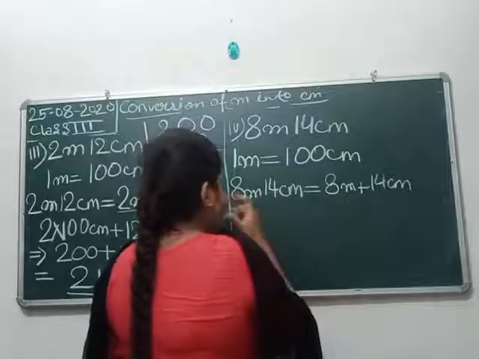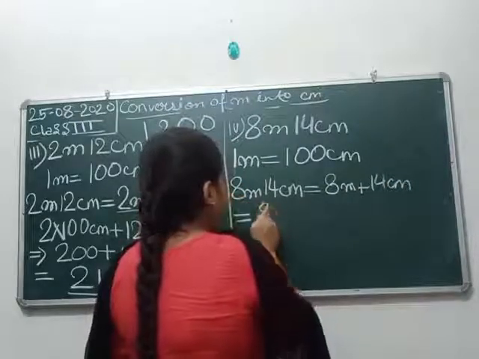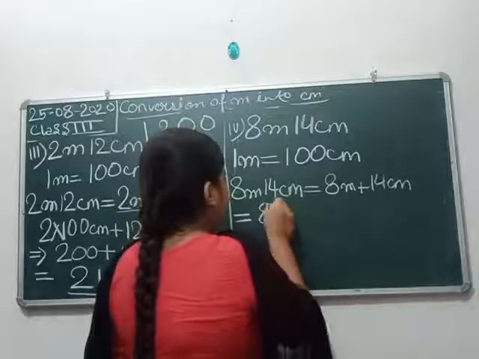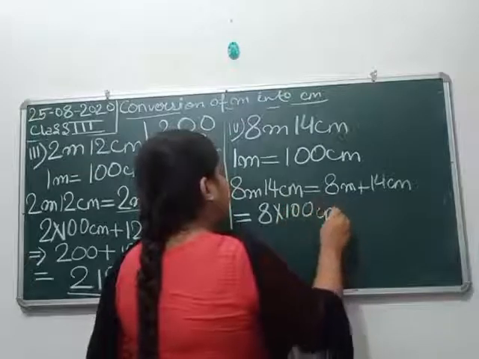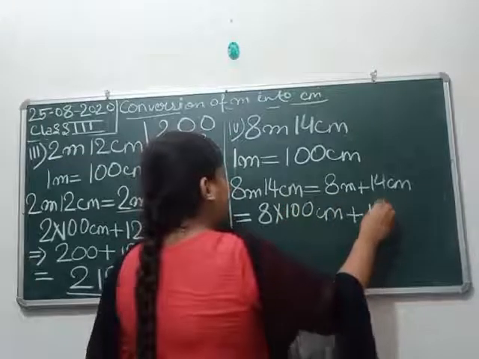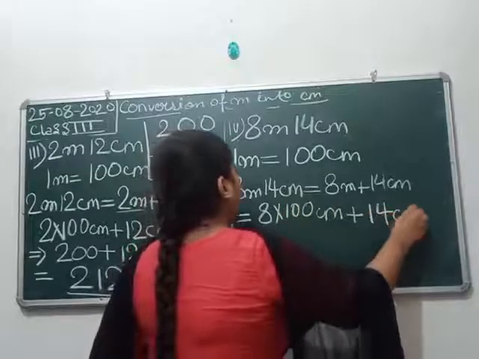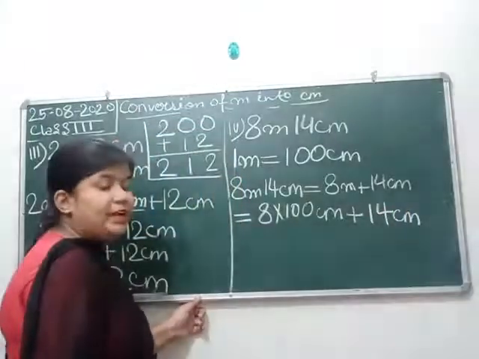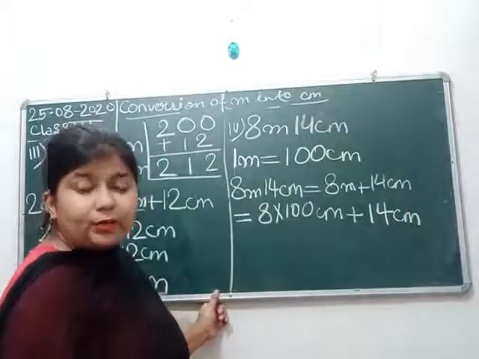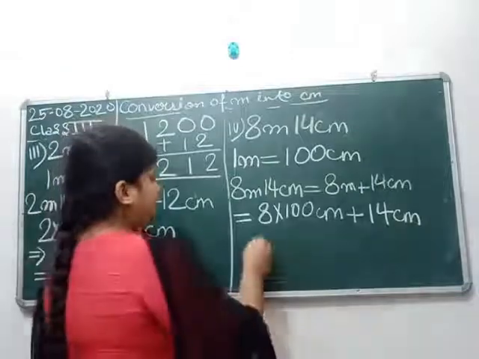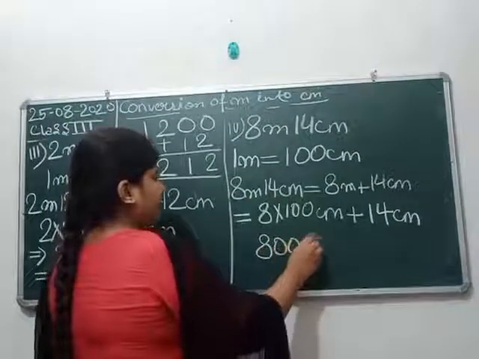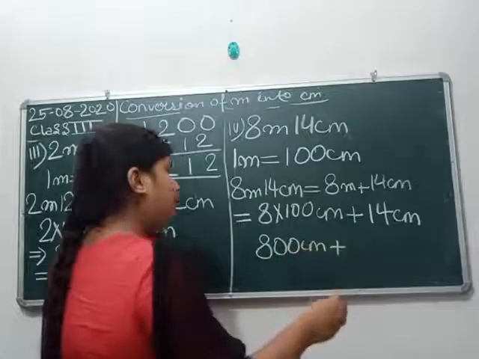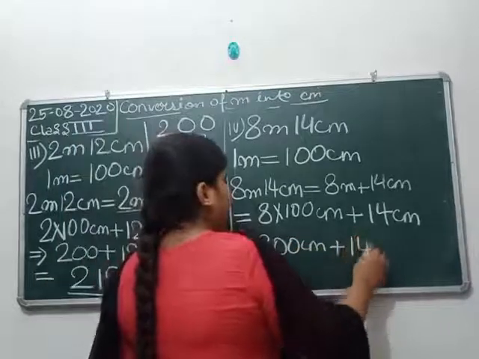Okay. Next is 8 into 100 centimeter, and we have to add here 14 centimeter. Now 8 into 100 will get 800 centimeter. 800 centimeter plus 14 centimeter.